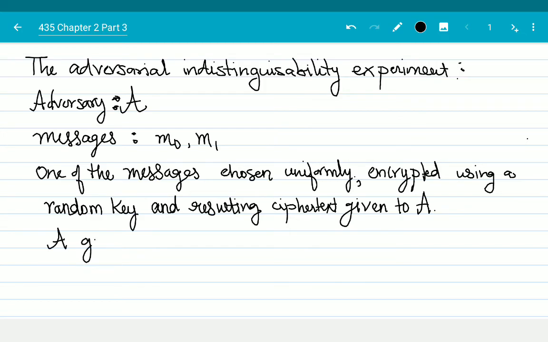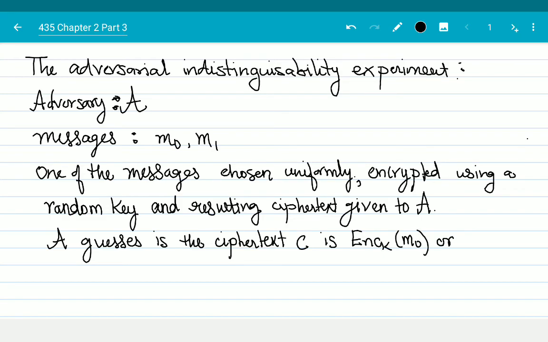A guesses if the ciphertext C is encryption K of M0 or encryption K of M1.